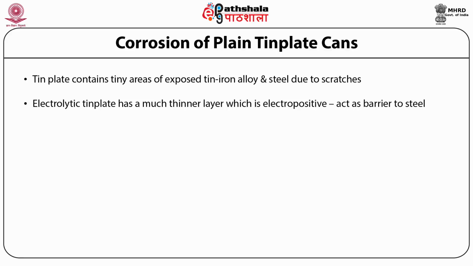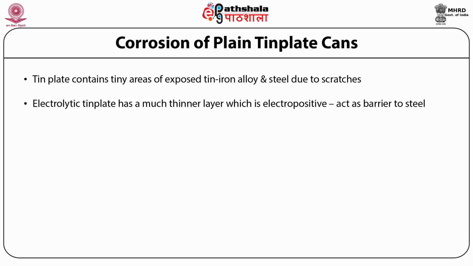Electrolytic tin plate has a much thinner layer which is electropositive to the base tin, thus acting as chemically inert barrier to attack on the steel base. The effect of this barrier is to prevent a significant increase in the steel cathode area. Thus, the density or degree of continuity of the alloy layer has a material effect on the rate of corrosion.